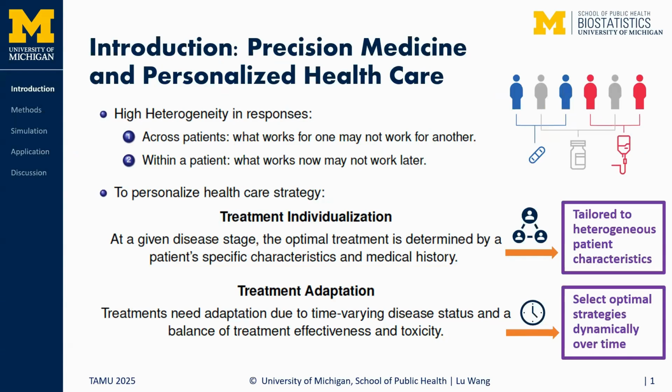And we all know precision medicine and personalized healthcare is an emerging field that can tailor the treatment, try to customize the healthcare to each individual. In this field, instead of one-size-fits-all treatment, we want to use everybody's own information to tailor the treatment and strategize that to account for patient heterogeneity.